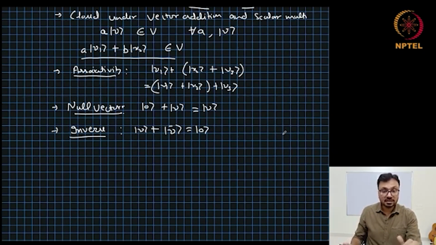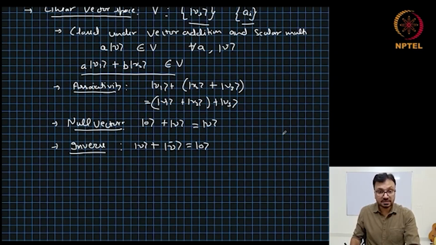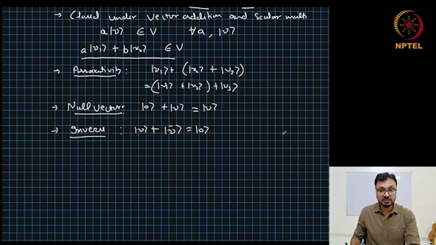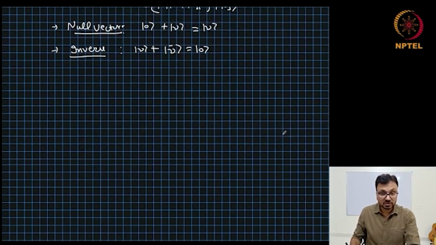There are a little bit more conditions, but these are the main four which need to be satisfied. It has certain properties which will be revealed as we go along this lecture. This can be a very powerful mathematical structure to understand many concepts in the foundations of quantum mechanics.